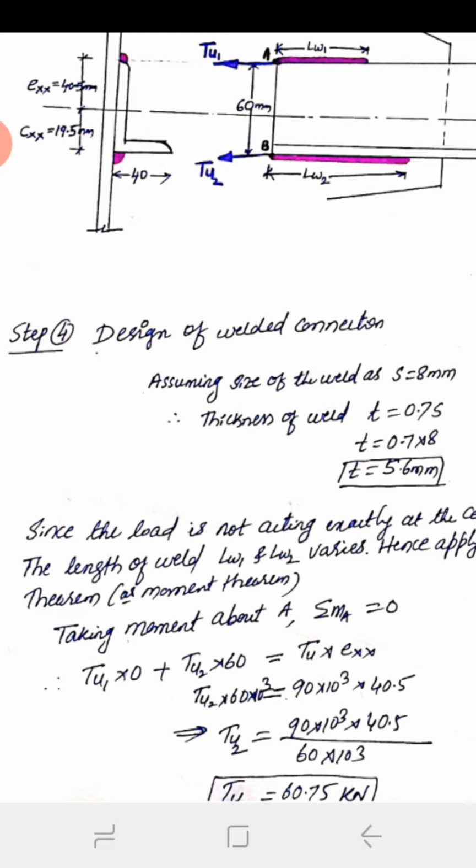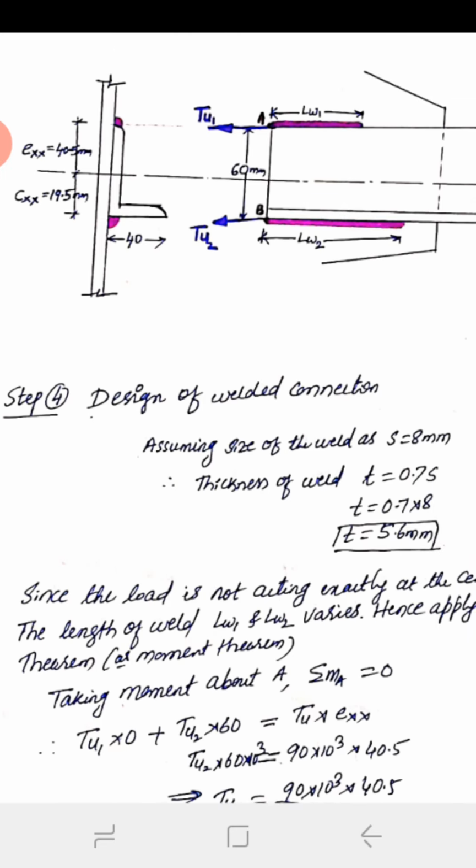Since it is an unsymmetrical case, we have seen in welded connections how the unsymmetrical sections can be designed, that is LW1 and LW2. These LW1 and LW2 are not equal because this is an unsymmetrical case, the section is not symmetrical here. The load is not passing through the exact center of the angle leg, so LW1 and LW2 will vary.